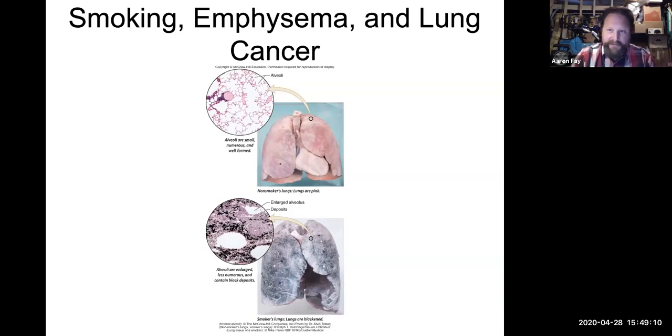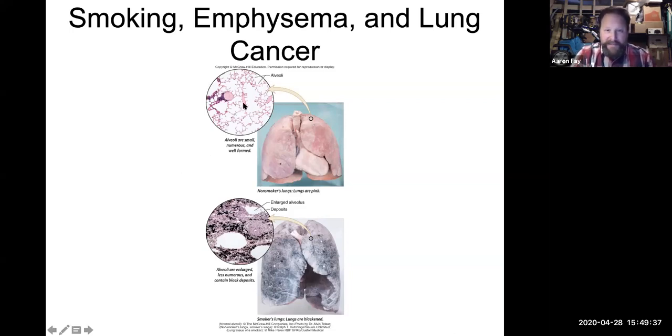Certain people who live in parts of the world that are heavily polluted, even if they've never smoked a day in their life, if you open up their chest cavity and look at their lungs, they're going to look like this stuff down here. So it isn't just necessarily smoking that can lead to tar or other material buildup in the lungs, which can make it hard to breathe. Pollution plays a pretty significant role in that as well. So something to be aware of.